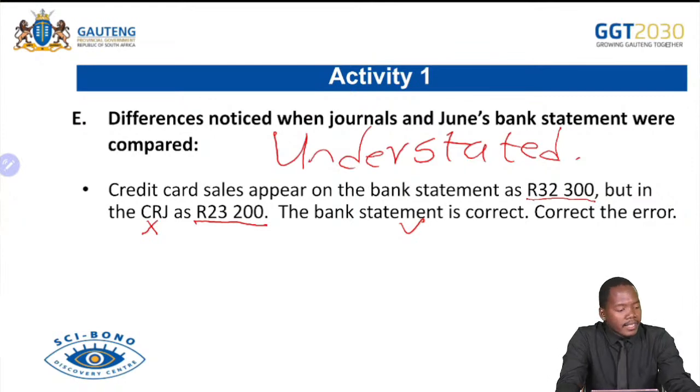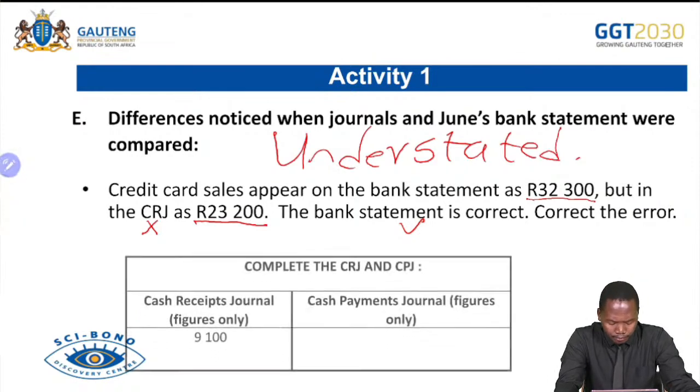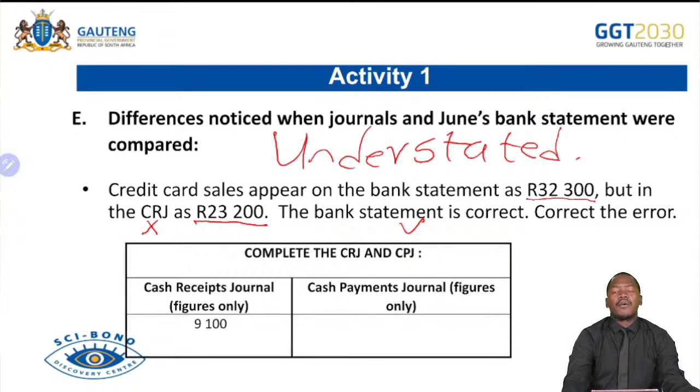Remember, if you're dealing with understating and overstating of amounts: if I've understated, I've recorded less than what I was supposed to record. If I have overstated, I've recorded more than what I was supposed to record. Now, let us see how to treat this transaction. First thing, you're given two figures.